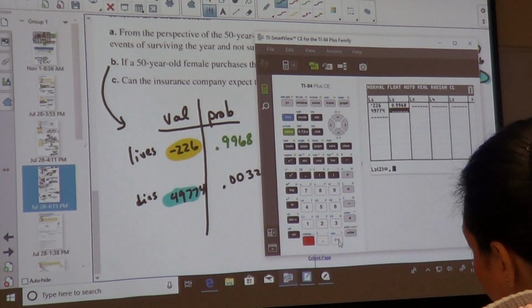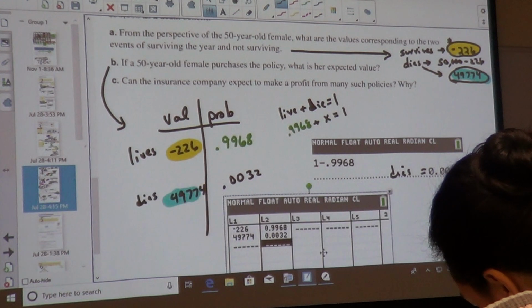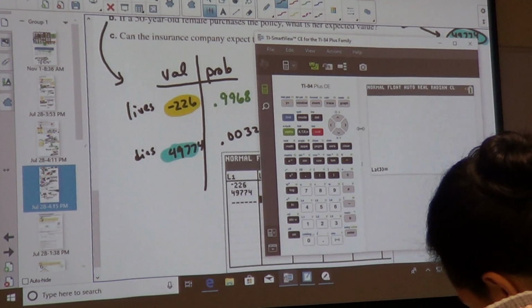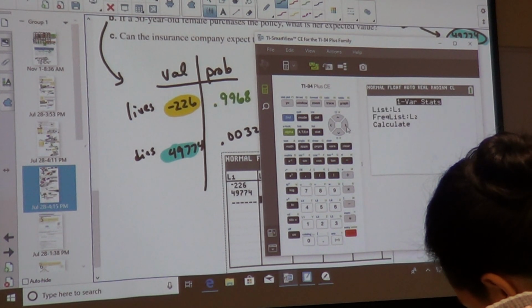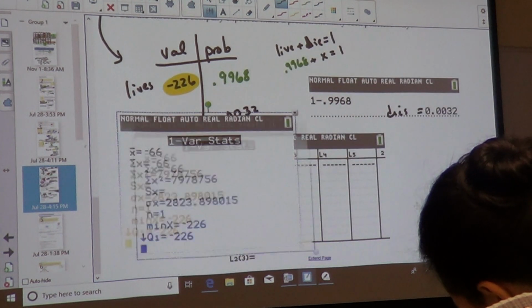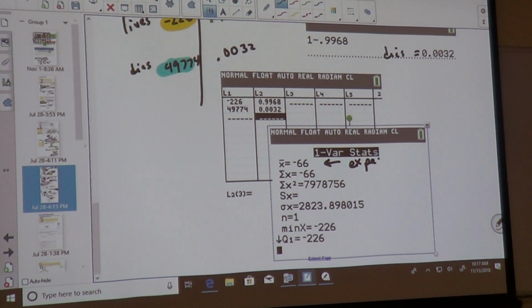The probability that she dies is 0.0032. And expected value is the same thing as the mean. So we're going to do stat calc, one var stats. We are doing it for 2 lists, so make sure you have L1 and L2. The mean is the same thing as our expected value. So this is what we should expect to happen.